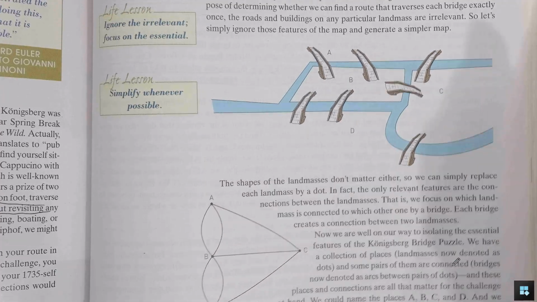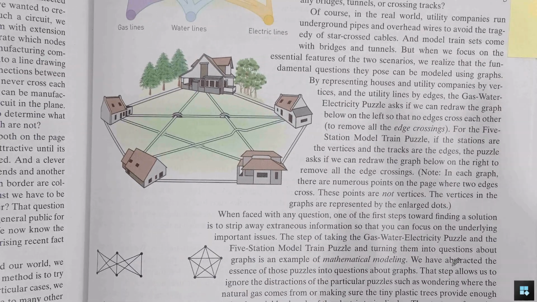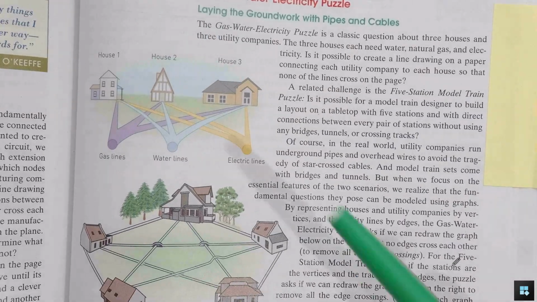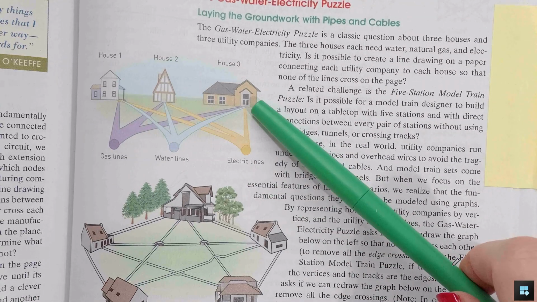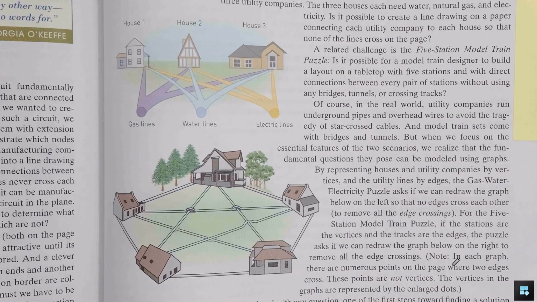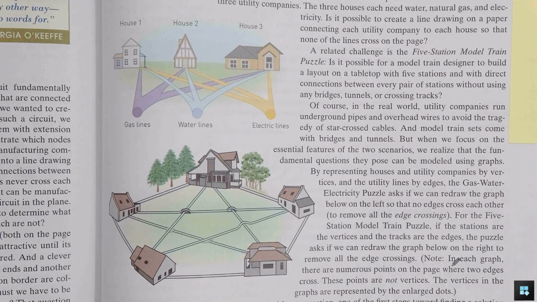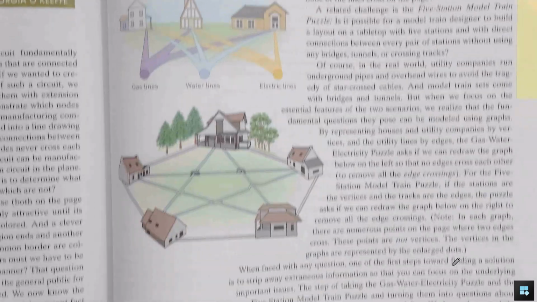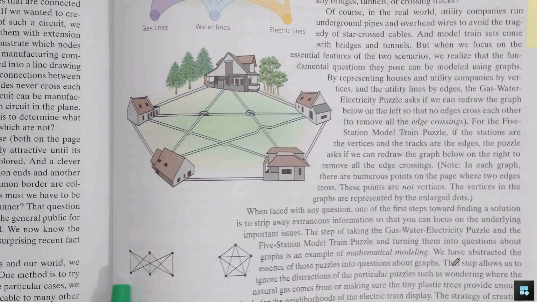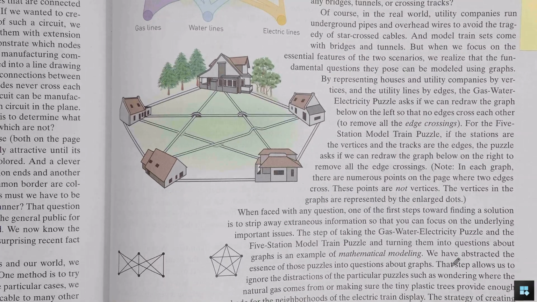We see this again in section 6.3, where we have water lines, electric lines, and gas lines going to houses. Or this is also done with railroad tracks. It was done using this idea of these lines and vertices. So we're just distilling these into their basic shapes, the points and the lines, for graph theory.